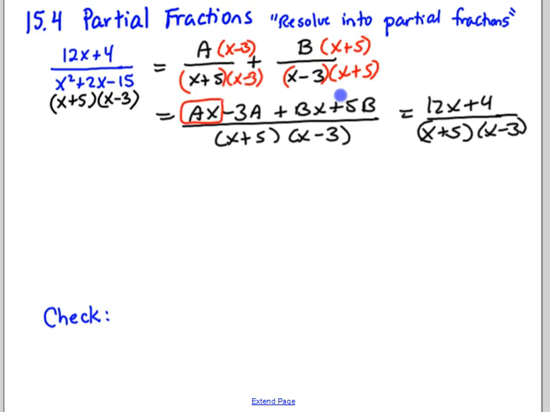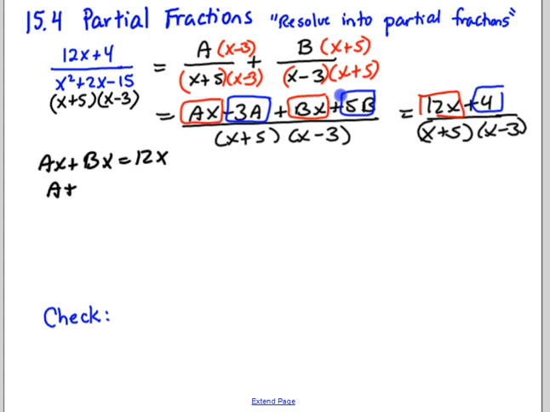Specifically, ax plus bx has to equal 12x, and negative 3a plus 5b has to equal 4. So I'm going to write a system of equations. Ax plus bx equals 12x, which means a plus b has to equal 12, and negative 3a plus 5b has to equal 4.